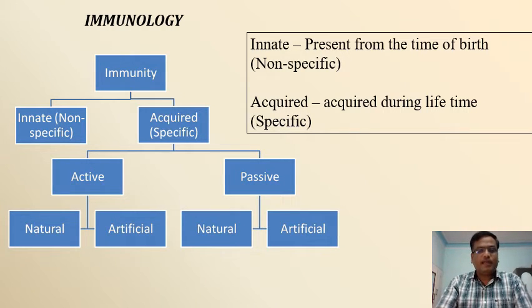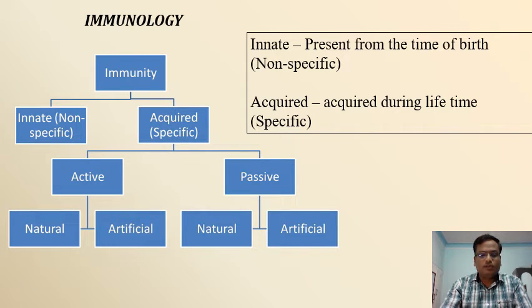Again, in active immunity, we have natural and artificial. For example, the natural infection: whenever bacteria or virus enters into our body, the body is going to produce the antibodies. So that is natural, active, acquired immunity.